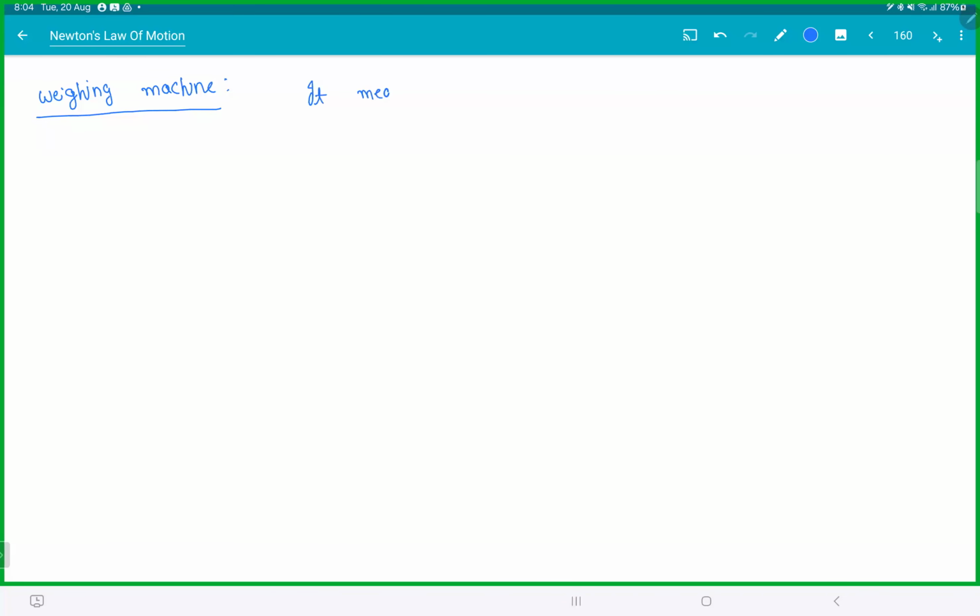It measures normal reaction. What it measures and what it shows are two different things. It shows a reading which is given by normal reaction by G. So whatever it measures, it'll divide by G and give it.